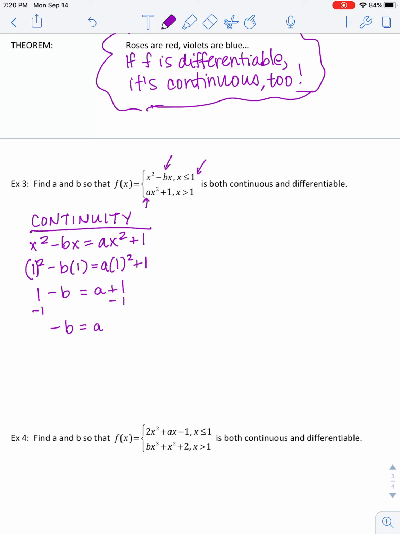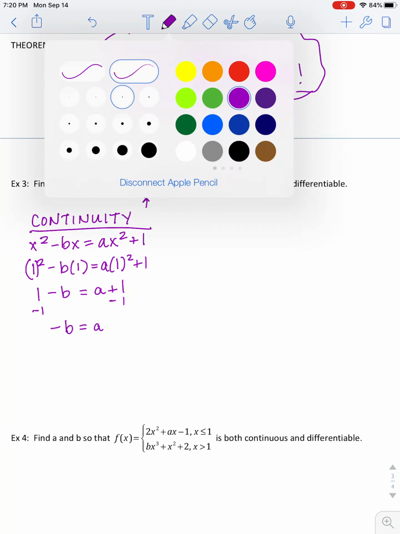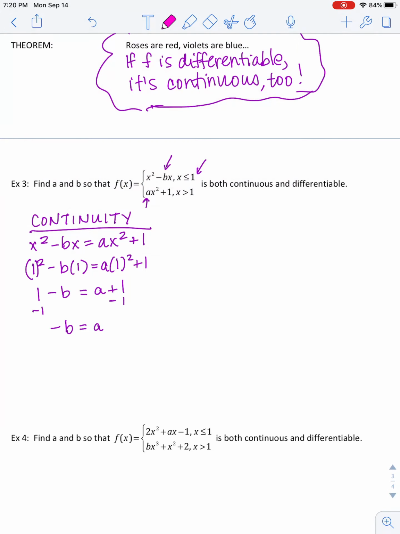Okay, so I know I've got 2 variables to solve for, and systems of equations tells me that I'm going to need 2 equations if I'm going to solve that. So after you write your continuity equation, we have to come up with our differentiability equation.